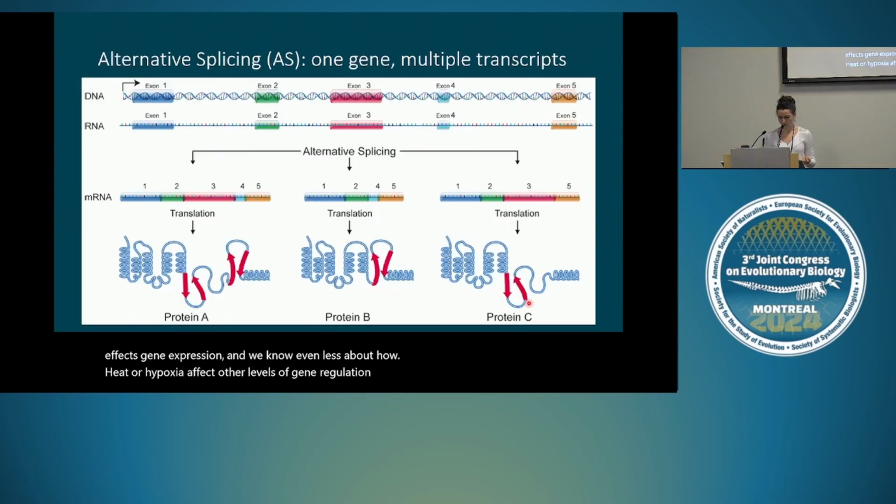So one other level of regulation that I'm very interested in is post-transcriptional regulation, and one of the processes that I would like to focus on today is alternative splicing, or AS.